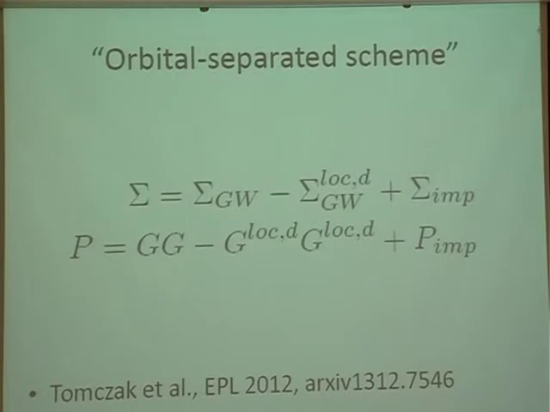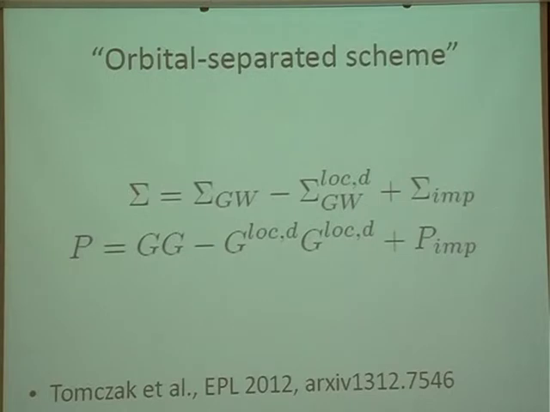And that means that you actually are deviating somewhat from the general scheme that I told you, namely that you're not replacing the GW self-energy, the local part of the GW self-energy by the impurity model, but you're replacing only the D part, let's say D for correlated here, because most of the time it's the D in transition metal oxides. So what I note here is the correlated subspace that I chose now. I replace just the D part of the local GW self-energy by a self-energy for the D space calculated in DMFT.